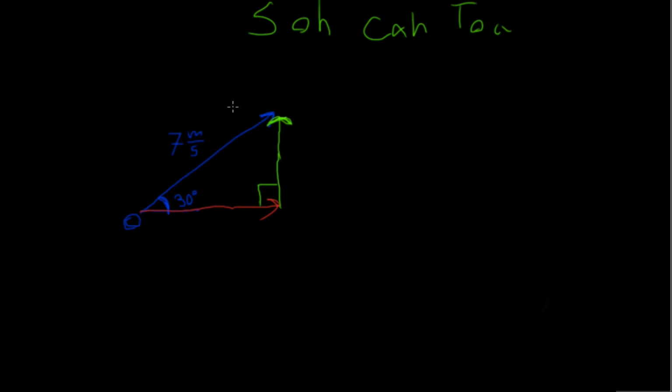Well, that's the opposite side. So the sine of 30 is equal to this opposite side we want to know. Let's call this O. Is equal to opposite over the hypotenuse, which is 7. O, this is not a 0.